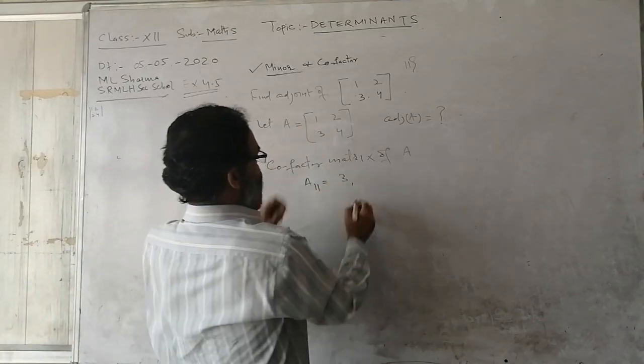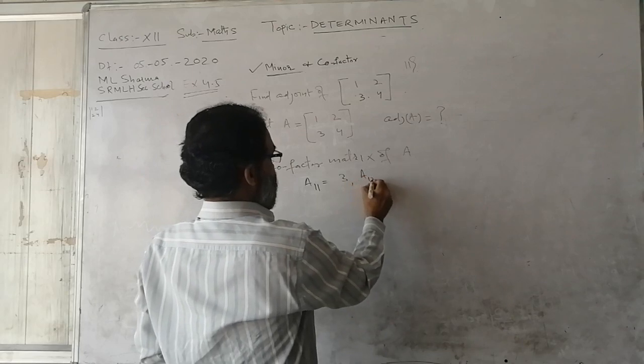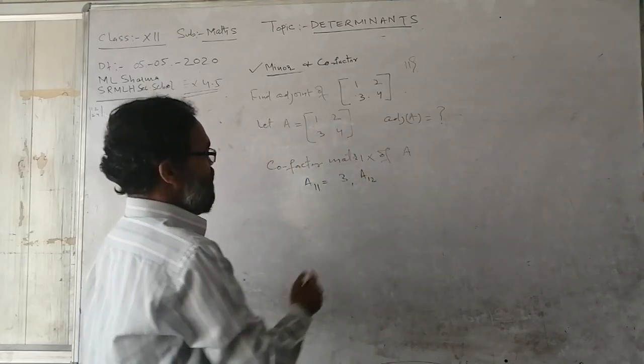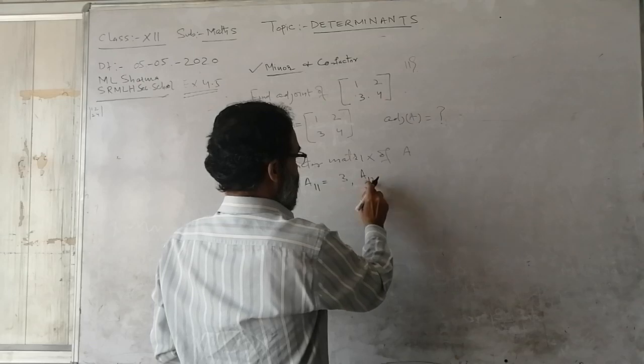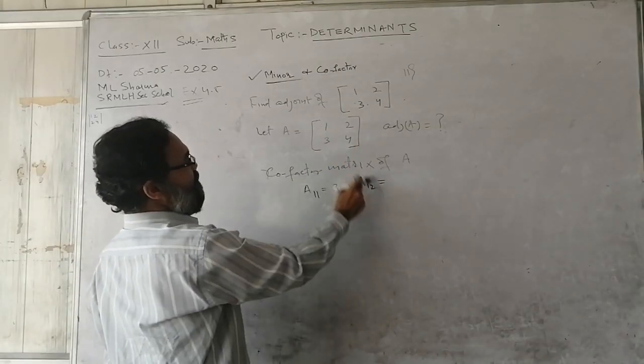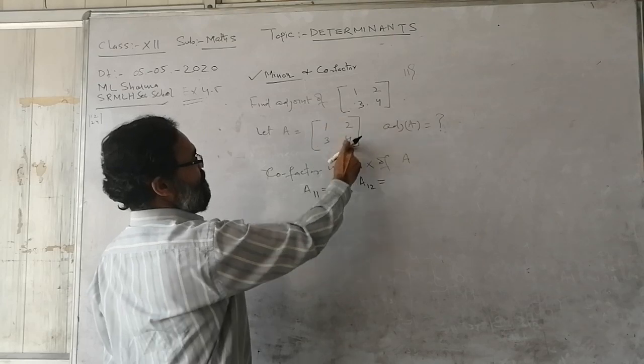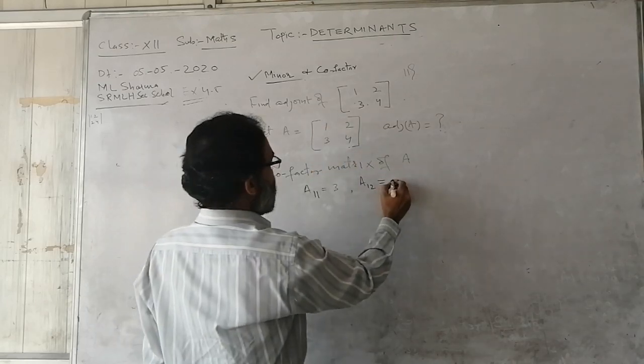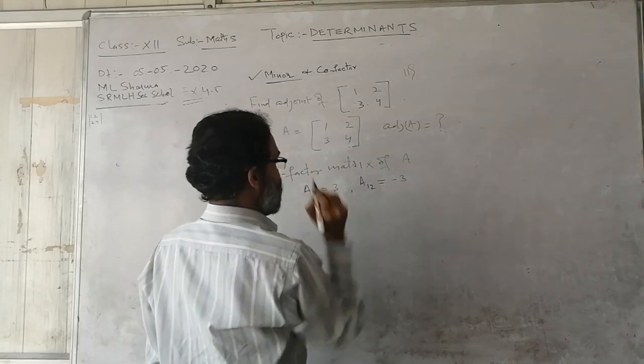Then for this element, its cofactor is (-1) raised to 1 plus 2, and deleting this row and this column, it will be minus 3.